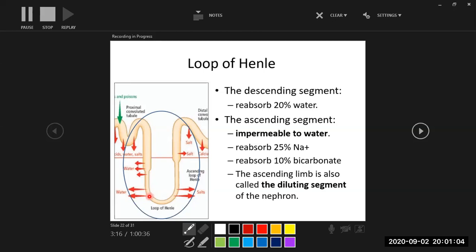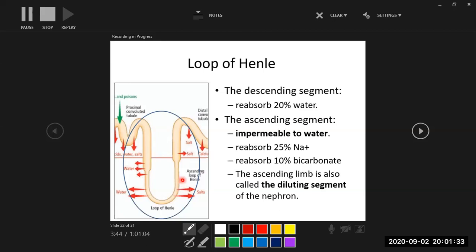The concentration is equivalent here because all the water got drawn out, which makes the environment inside have the same osmolarity of 1200 milliosmol. So here it's very salty too. I mean, outside is salty, inside is also salty because water is permeable. Now from here on, water is not permeable.